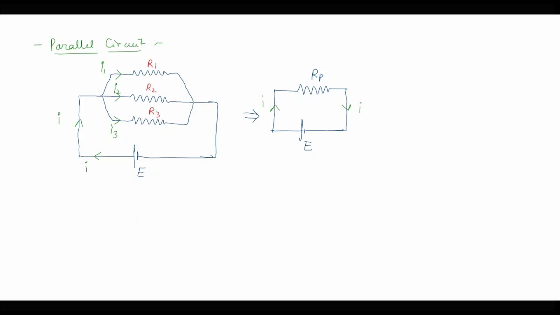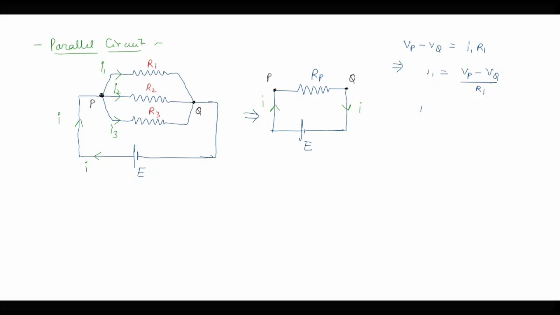If I consider that the resistance network is between the terminals P and Q, I can replace this entire network, and the potential difference across RP is also going to be between P and Q. If we write the equation V equal to IR for the individual resistances, I can write for the first resistor Vp minus Vq equals I1 R1, and hence I1 is equal to Vp minus Vq by R1.